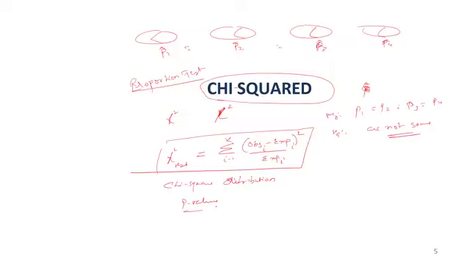But before getting into the example, let me conclude with a particular flow chart. And that flow chart, if you remember all that we have discussed, you can relate and identify which test you have to make.